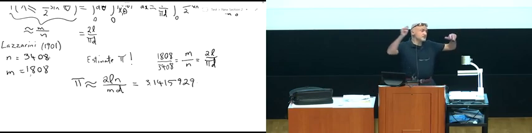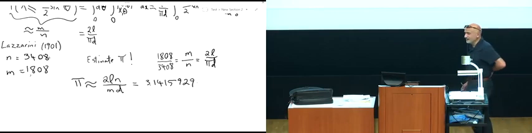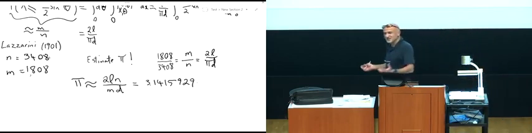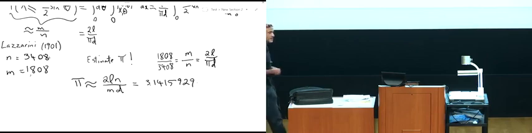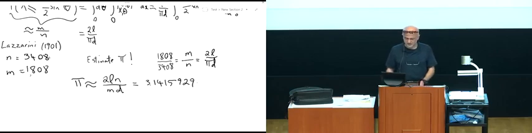Is it the case that the more experiments you do, the more accurate pi will be? Well, that's a great segue to today's lecture, which is about the law of large numbers and the central limit theorem, and how by running an experiment more and more and by averaging you can get better and better estimates of things. That's exactly right. That's very good intuition.